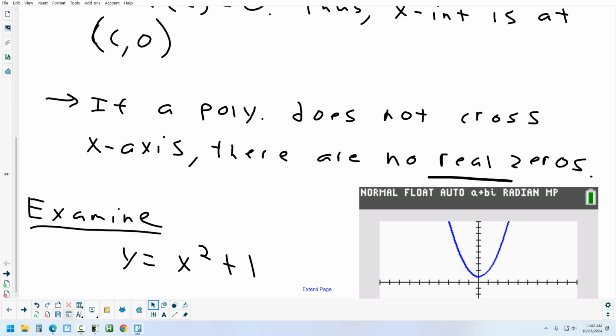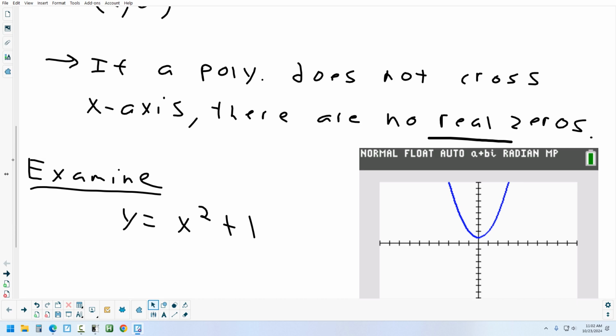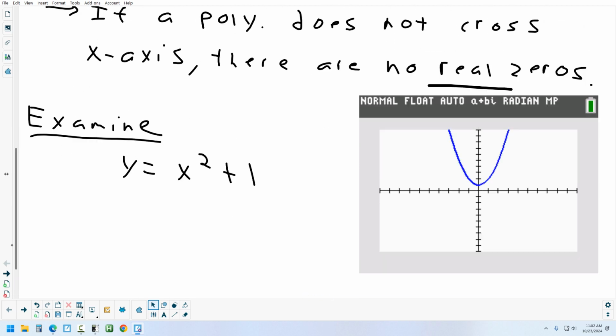No. Then does that mean that there are no roots? No, it doesn't mean that at all. It means there are no real roots, but there are imaginary roots. So is there any question why, looking at that picture, there are no real roots? Okay.